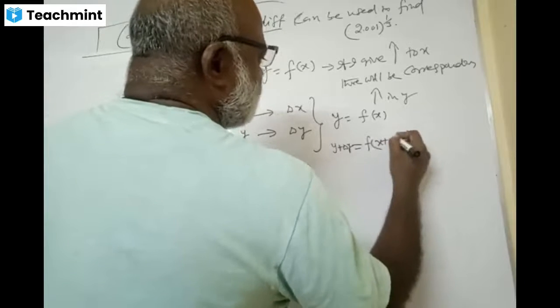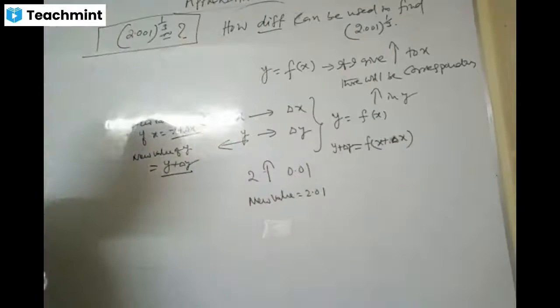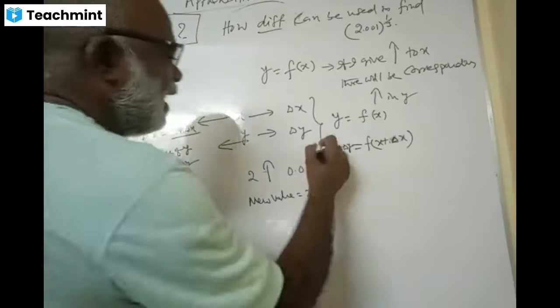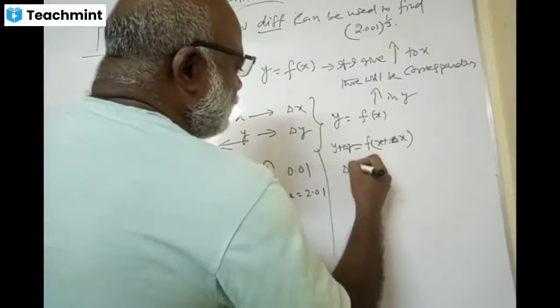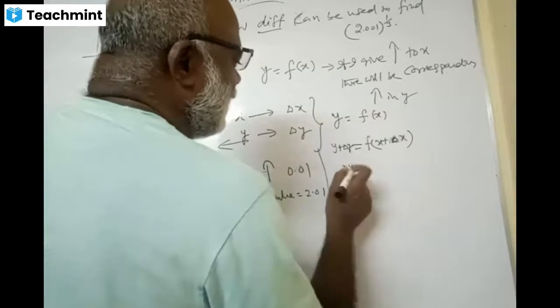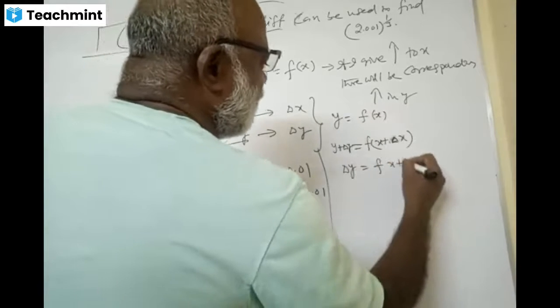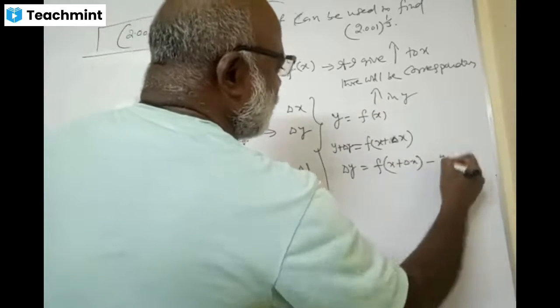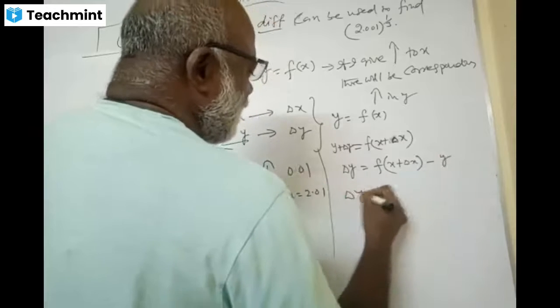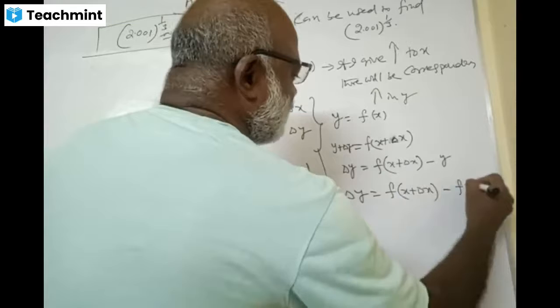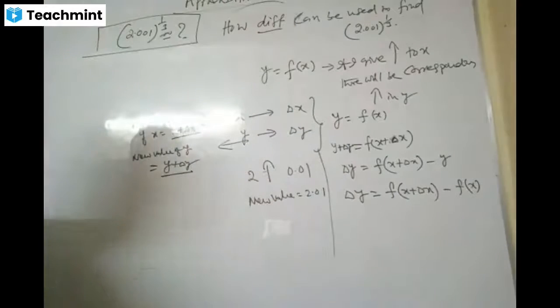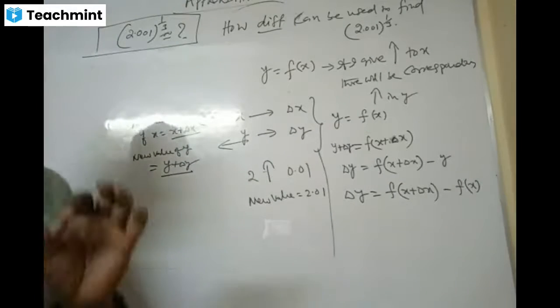Here delta y is nothing but f of x plus delta x minus y. So delta y is nothing but f of x plus delta x minus f of x. All of you agree with this?